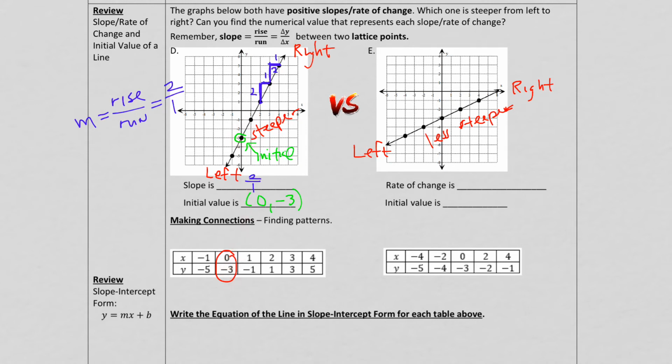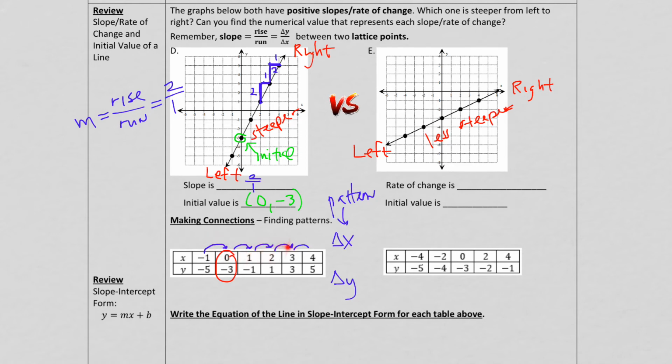As far as finding patterns goes, when we find a table, we have to be careful because we need to find the change of x and the change of y. This is just the patterns between the two lists, and you're good at patterns. For example, to find the pattern on the x terms, just consider how x changes from term to term. From -1 to 0, you add 1. 0 to 1, you add 1.